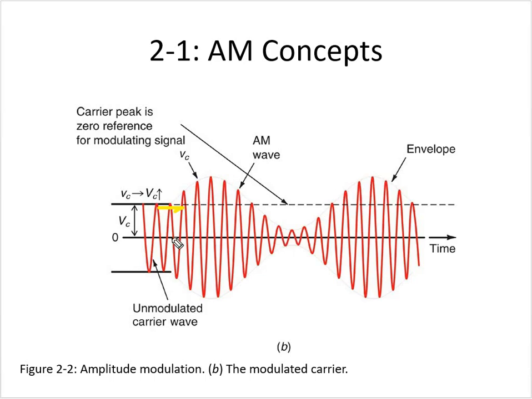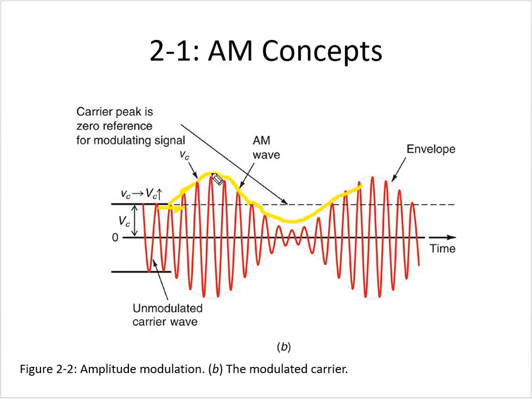So you can see that inside the message signal, this was the message signal. So if the amplitude of the message signal is increasing, so the carrier signal amplitude is increasing.